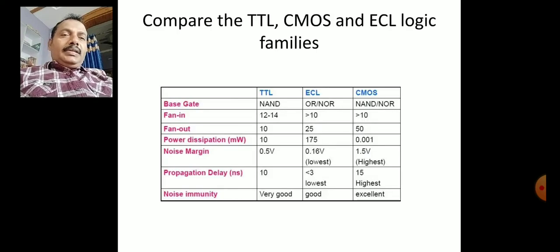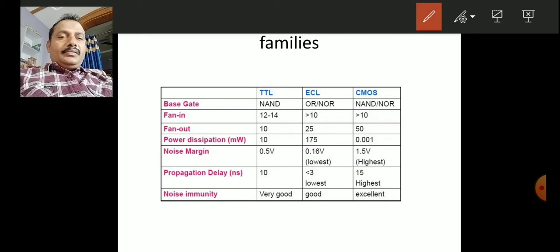Compare the TTL, CMOS and ECL logic families. So here the basic gate in the TTL is NAND. For ECL, OR and NOR gates are possible. For CMOS, NAND is possible, NOR is possible.